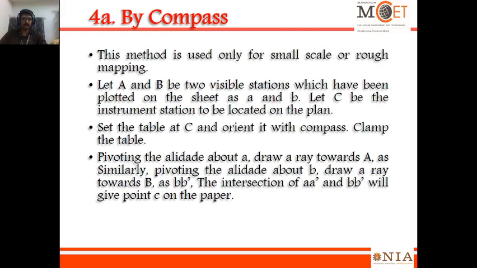Oriented with compass means the north is plotted at the top right corner, right? Pivoting the alidade about A, draw a ray towards A. Similarly, pivot the alidade about B and draw a ray towards B as BB dash. The intersection of AA dash and BB dash will give the point C on the paper. It is very simple but very rough.